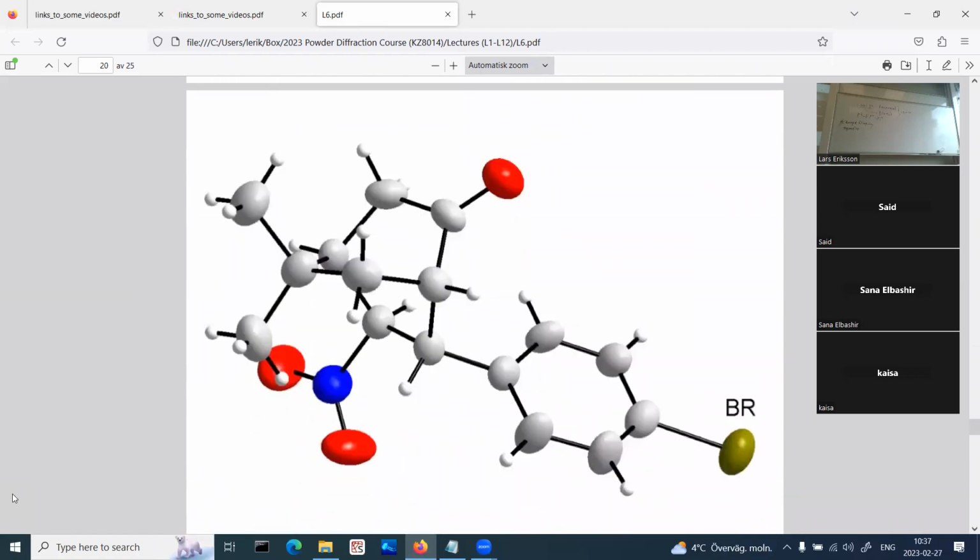But for example, a structure like this, a large organic molecule with a bromine atom, with X-ray scattering, is a good example of heavy atom interpretation.